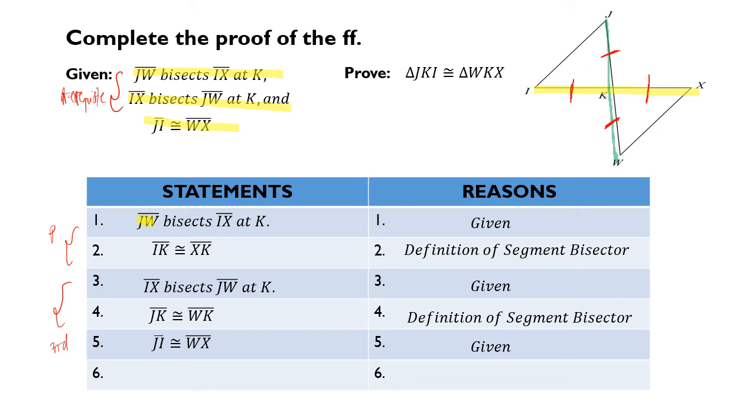Mark natin yung part na to, JI is congruent to side WX, so still S. Diba? Maganda yung mga given natin, halos S lahat. What if iba na naman, teacher, yung i-discuss natin, other than S? Possible ba? Yes, pero S kasi yung pinakamadali sa lahat.